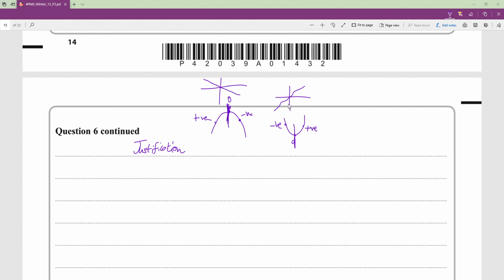And the important thing, to show that it goes from negative to being positive through this 0, we need to show that the gradient here is positive for it to be a minimum. It's the rate of change of the rate of change. So for A to be a minimum, d squared A over dx squared must be greater than 0.